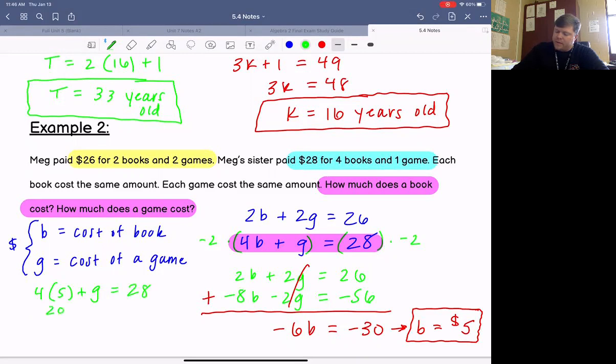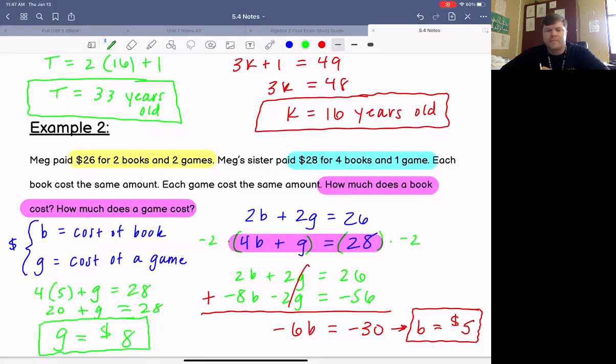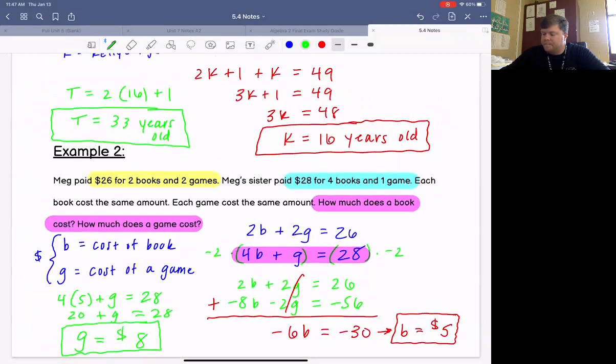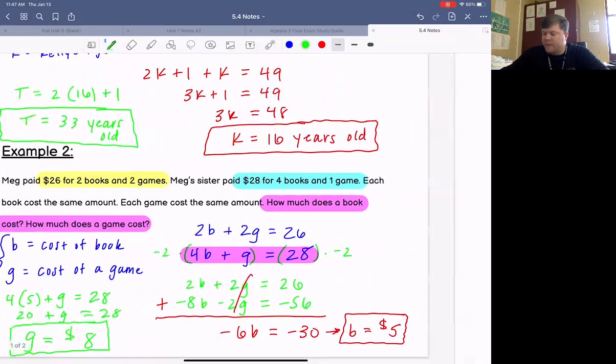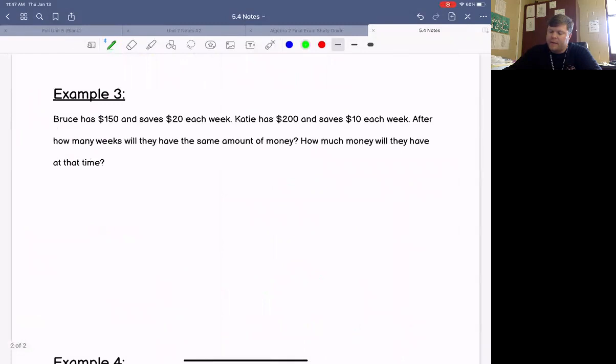That's 20 plus G equals 28. Subtract 20 on both sides, and we got G is $8. So the cost of a game is $8. That's how that example goes. So we're finding both of those variables that we defined.